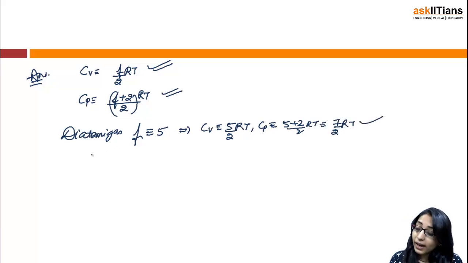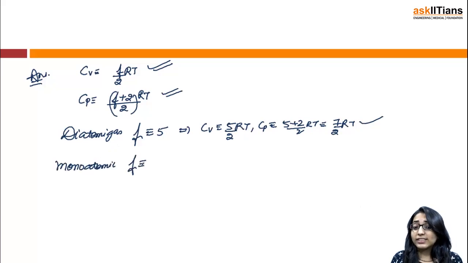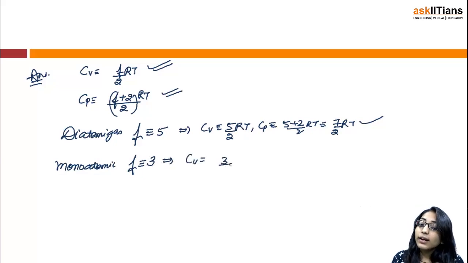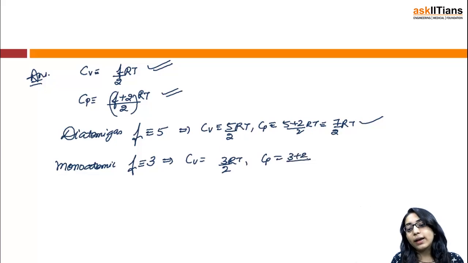This was for a diatomic gas. Let us do it for a monoatomic gas now. For any monoatomic gas, as per our discussion in the earlier lectures, F is 3. So CV is 3 by 2 RT, and CP is (3 plus 2) by 2 RT, which is equal to 5 by 2 RT.